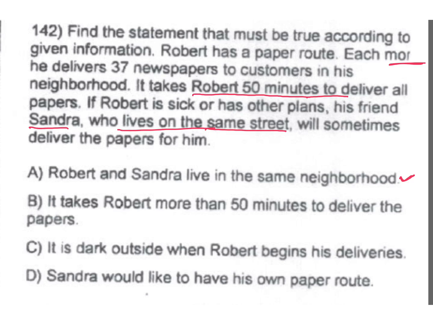It is dark outside when Robert begins his delivery. Nothing is mentioned, only that each morning he delivers 37 newspapers. About light and dark, nothing is mentioned, so not possible. Sandra would like to have his own paper route. Sandra will sometimes deliver the papers for him, only that is mentioned. Which route he is going, not mentioned. So this is not possible. So A is our answer.